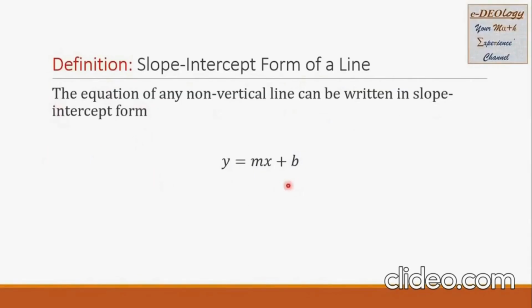This is the form y equals mx plus b. The m here is the slope, and we can see that m is the coefficient of x. The b here is the y-intercept, and we know that y-intercept has ordered pair 0, b.